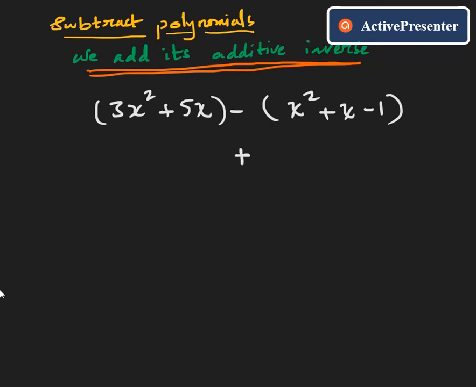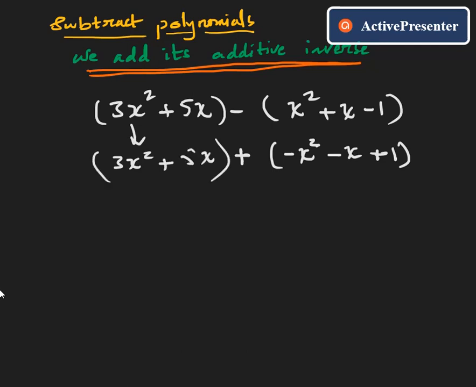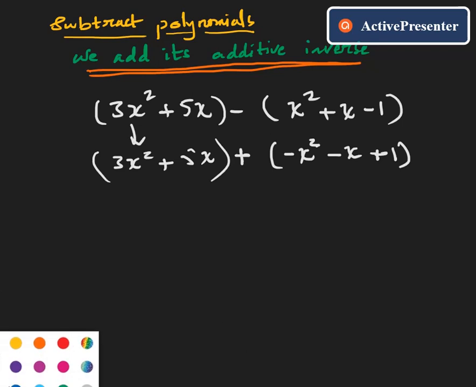What is the additive inverse? Here minus x squared, here minus x, here plus 1. We only change the sign, and this will remain the same, 3x squared plus 5x.